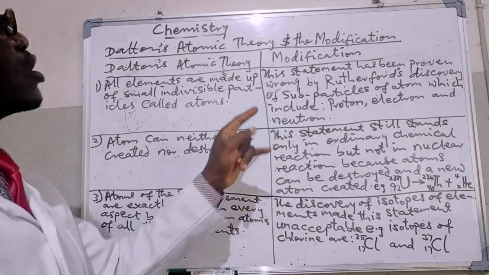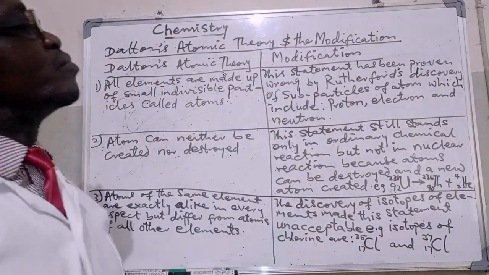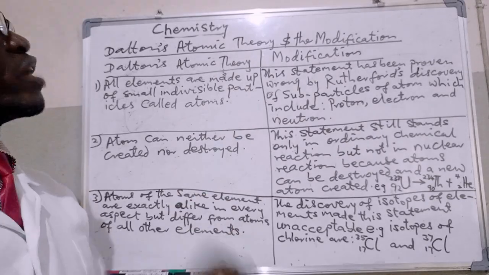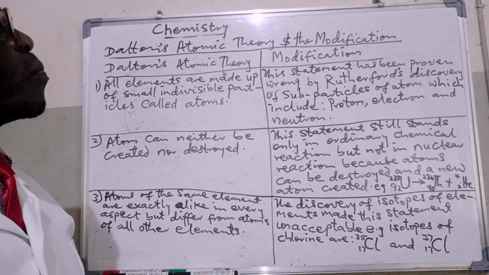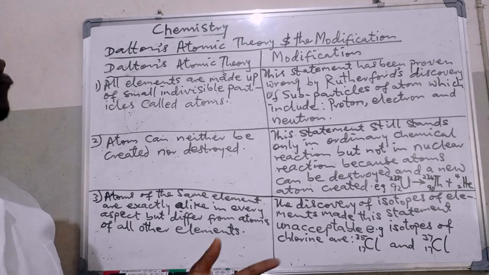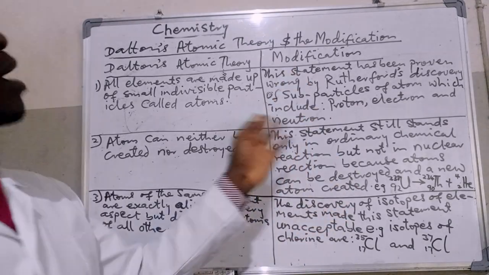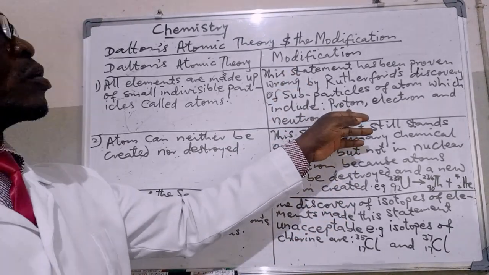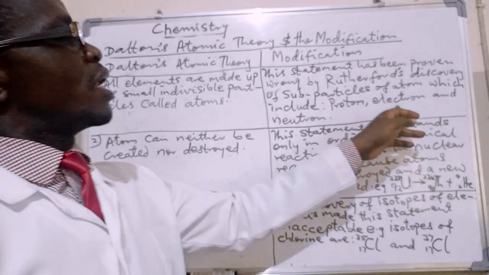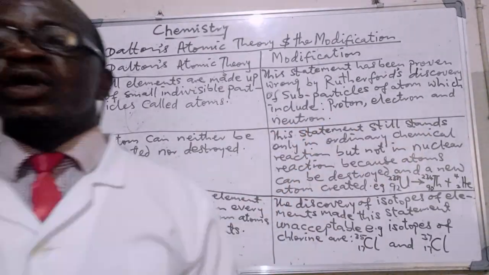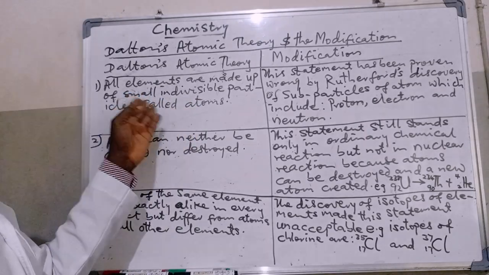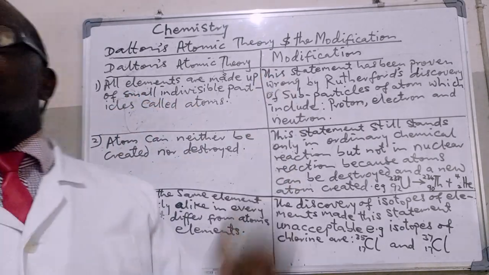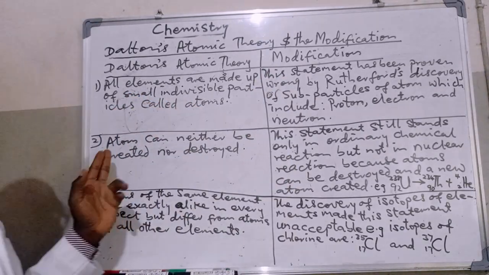But the modification says this statement has been proven wrong by Rutherford, the discovery of subparticles of atoms. Rutherford discovered that atoms have particles that are proton, electron, and neutron. So because of that, the theory was not acceptable.